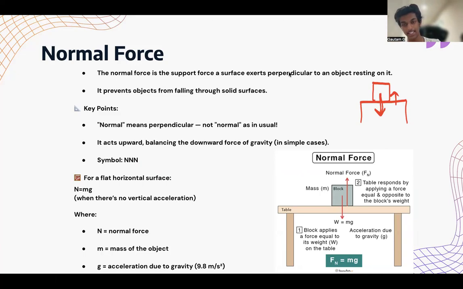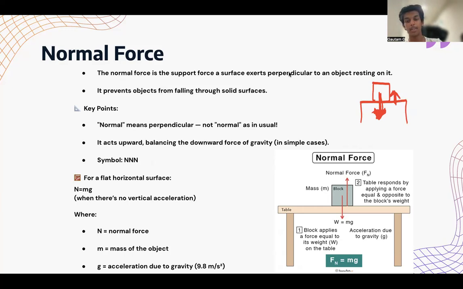So we know that the block is applying a force downwards of mg on the table, right? The table responds by applying a force onto this block to keep it on the table, correct?